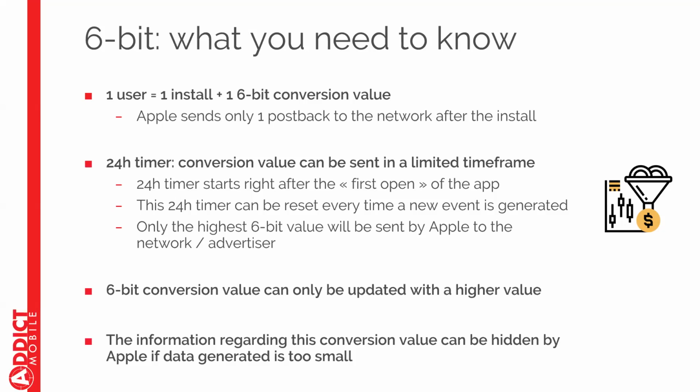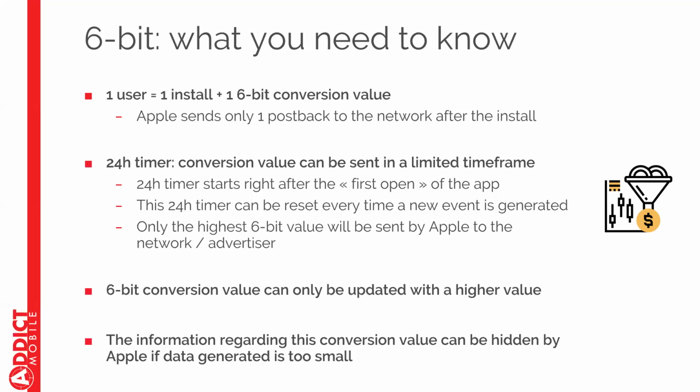The information regarding this conversion value can be hidden by Apple if the data generated is too small. Apple really doesn't want anyone to identify users, to protect users and user data.